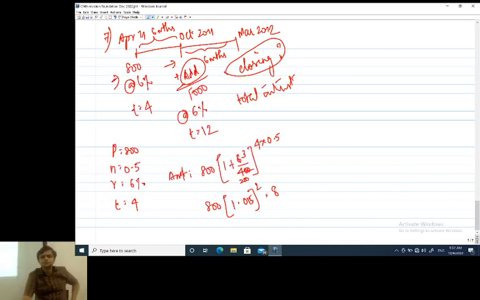You're getting it? You can take it as it is, it will come the same way. 1 plus 6 by 400, T is 4, 4 into 100, quarterly. So, in October, he got 824.18 on closing.